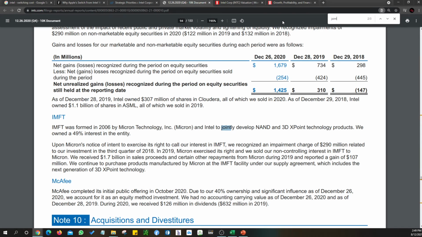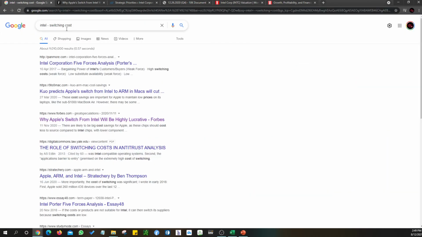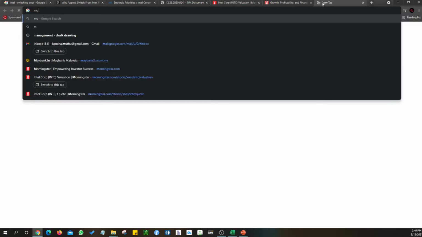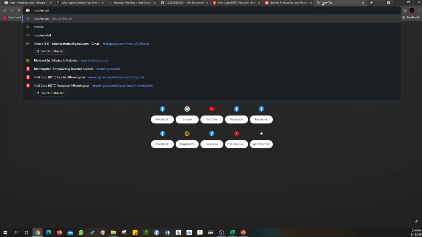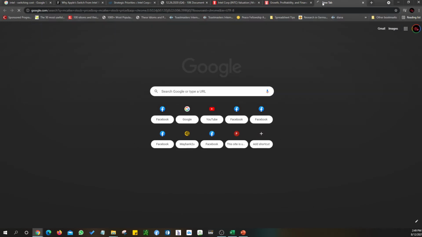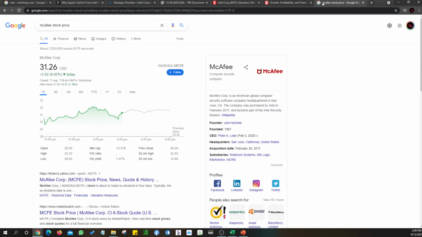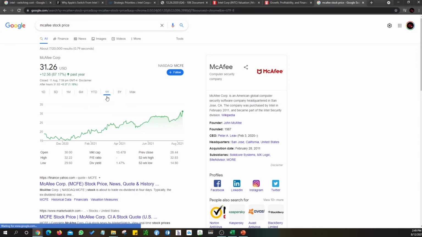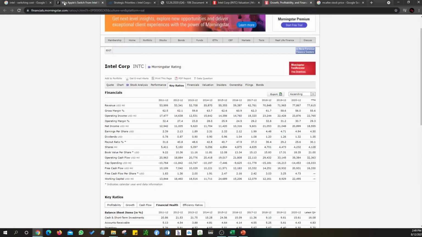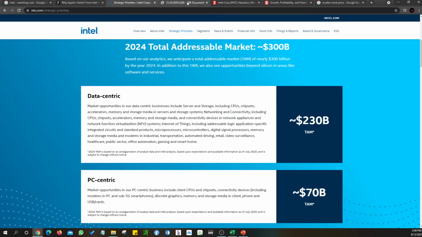McAfee IPO. I'm curious. Okay. Maybe in another video we will cover that. Alright? We will cover it. Look at their price, it's almost 100%. So I don't know whether it's profitable or not until we investigate further.